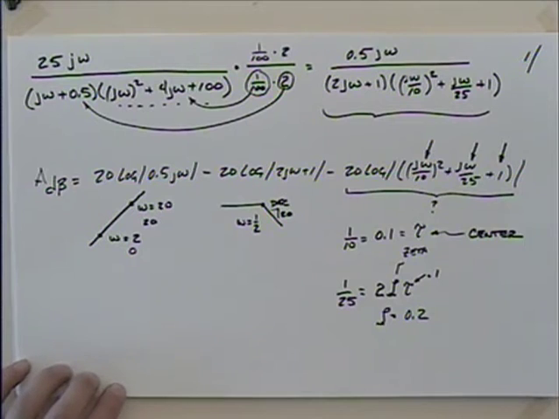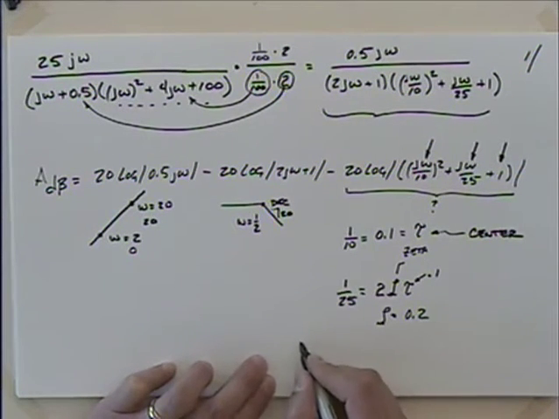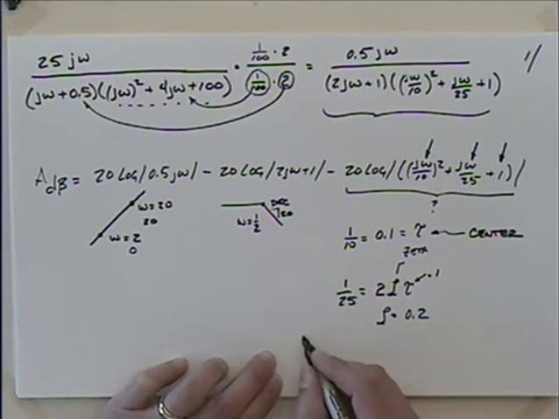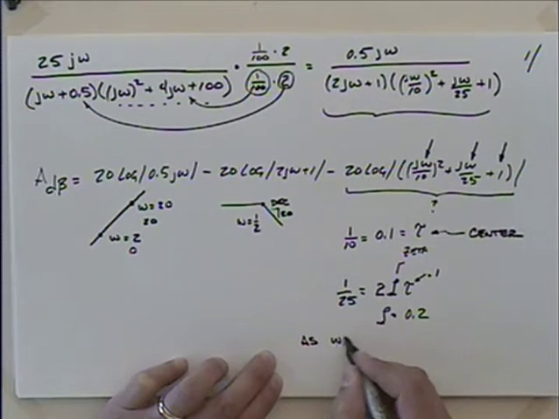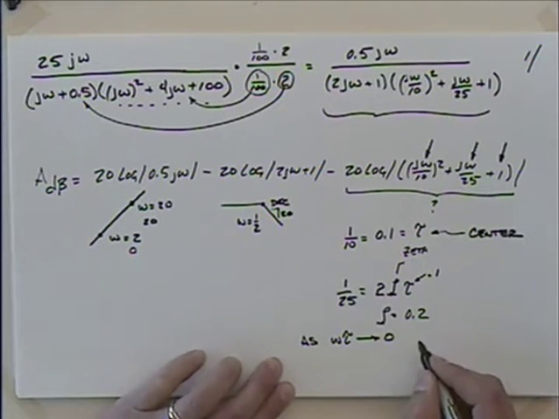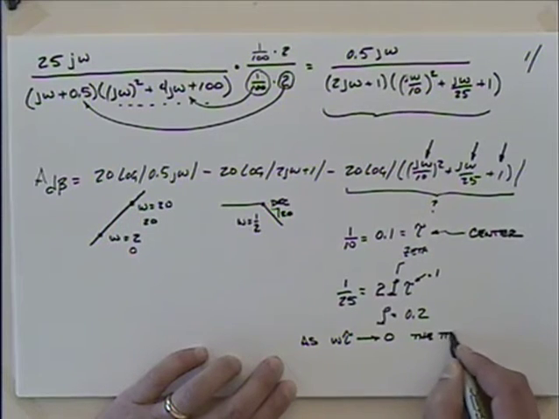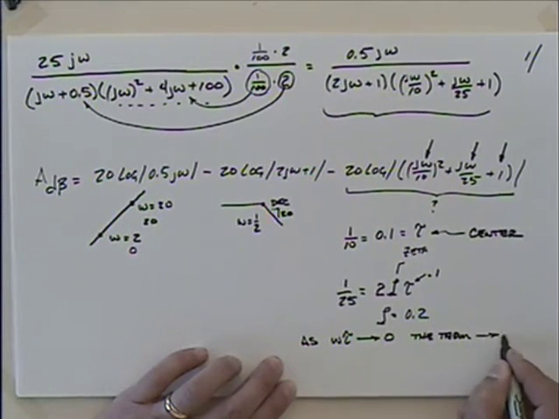Yeah, I think we're okay with that. So what I can do is that, and if you've gone through and read Appendix E in your textbook, your author talks about this as omega tau goes to 0. This term goes to 0. Okay, and the term is this thing.